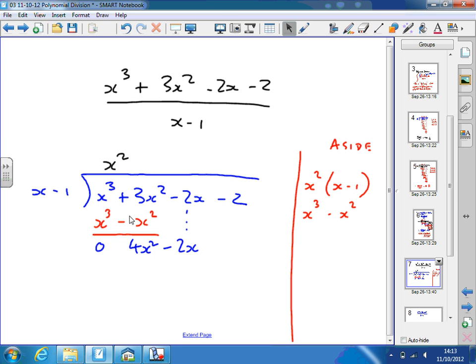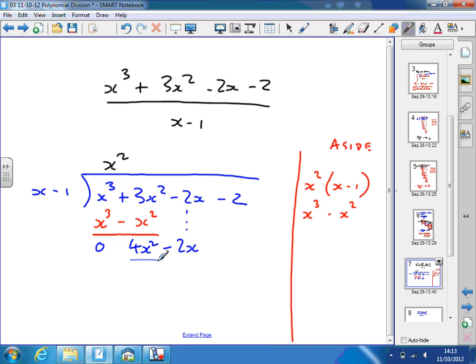So now, what do we do? Ask yourself the question, what do we do to the x to get this term, the 4x squared? So what have we got to times x by to get 4x squared? 4x.